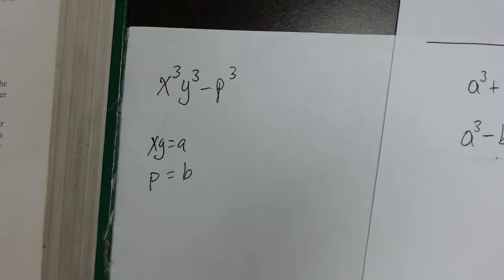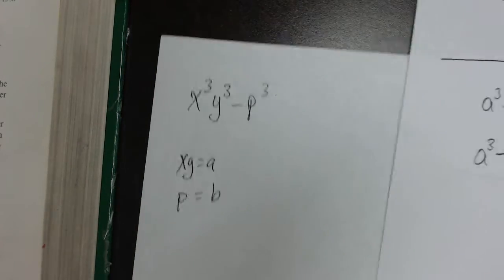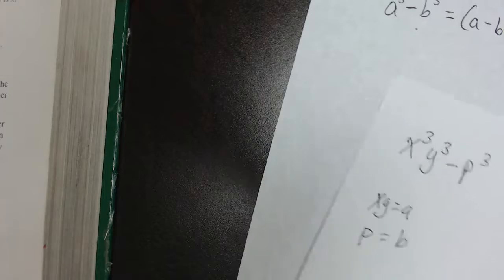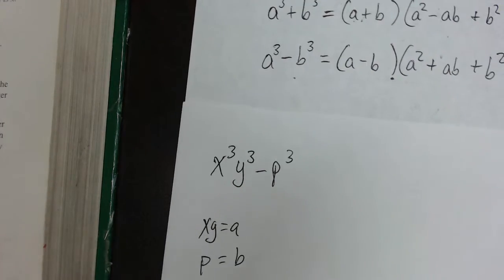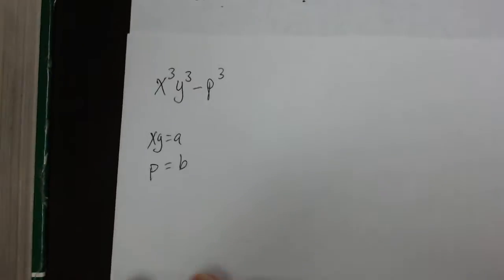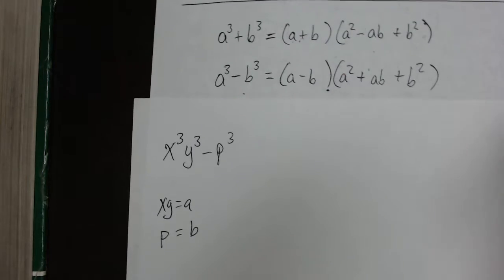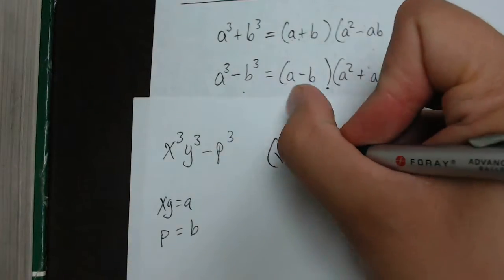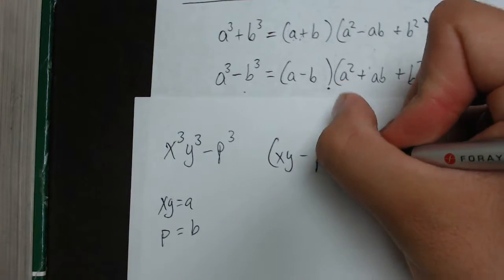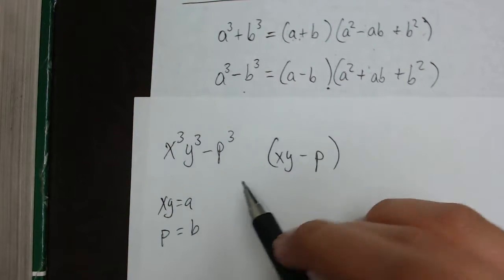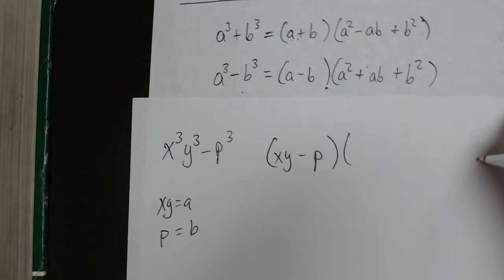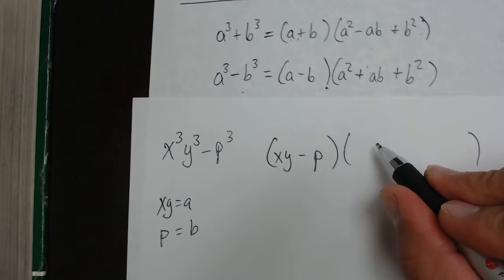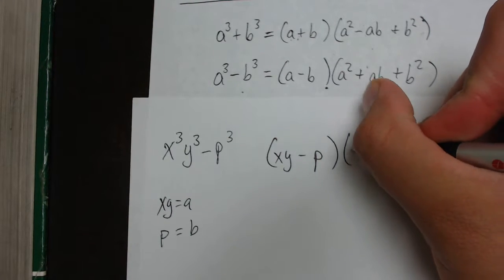So the first term is going to be, let me find a way to set this up. There we go. Okay. So the first term is going to be a set of parentheses, and then we'll have xy minus p, right? So we're sticking with the rules here. Then the next one is going to be a quadratic. The a squared would be x squared y squared.